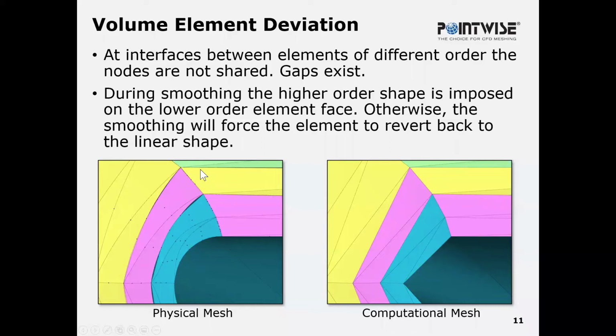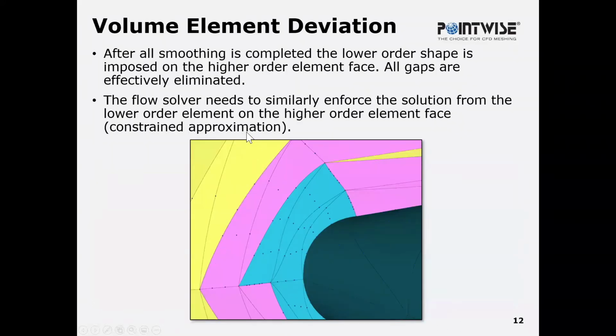And then after the smoothing, the lower order shape is imposed back onto the high order element face. So all gaps are effectively closed and eliminated. The flow solver would need to similarly enforce a solution from the lower order element onto the high order element face.